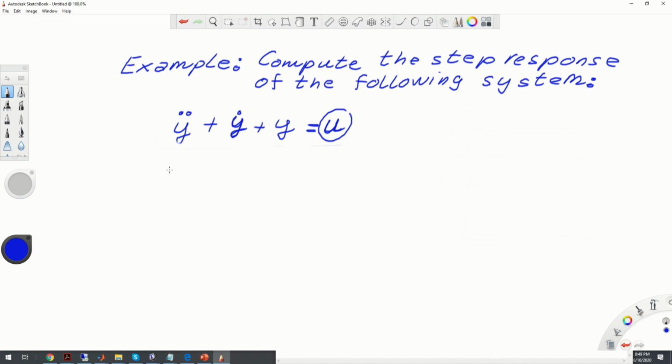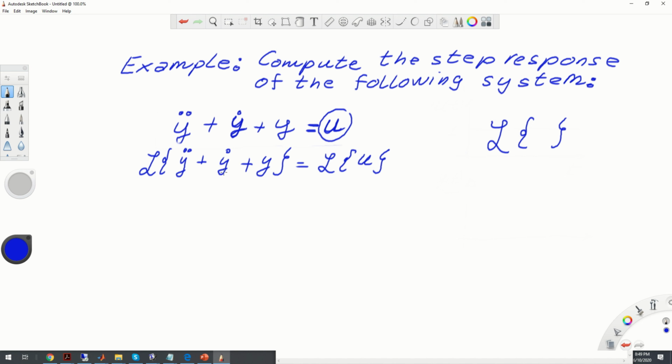In order to tackle this problem, we are going to use the Laplace transform. So by computing the Laplace transform of both sides of this equation, what do we obtain? Now, the Laplace transform operator is a linear operator.